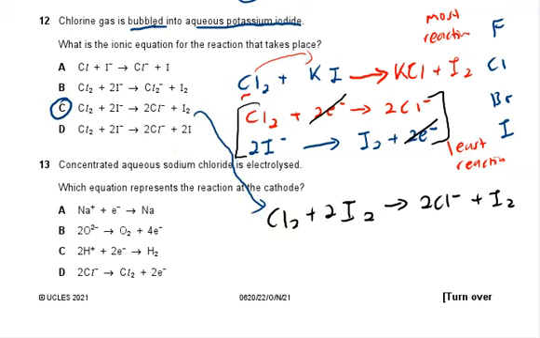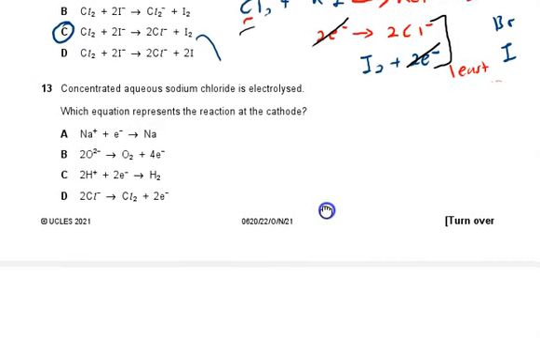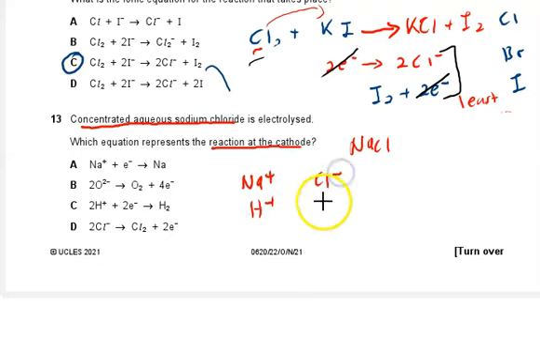Okay, now for question number 13, so let me erase this. For question number 13, concentrated aqueous sodium chloride is electrolyzed. Which equation represents the reaction at the cathode? So if it is concentrated sodium chloride, you will have sodium and hydrogen, chloride and hydroxide.